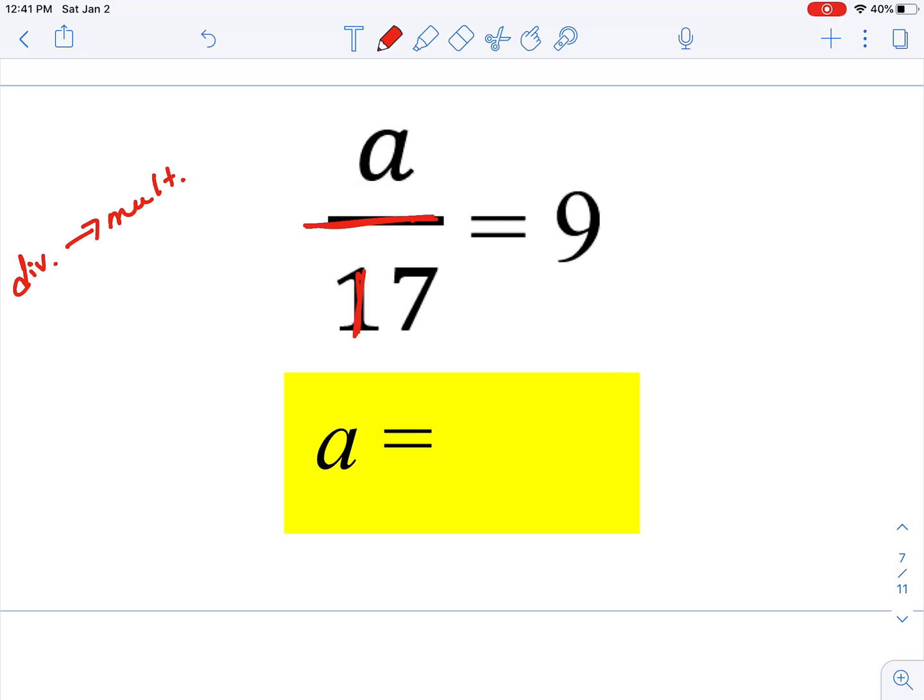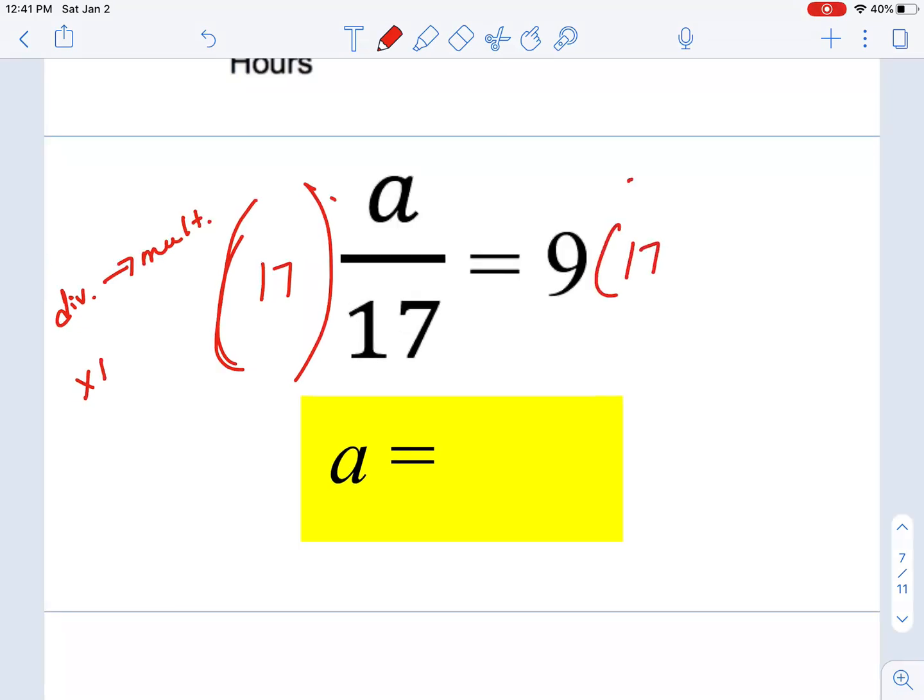So instead of dividing by 17, I'm going to do the opposite and multiply by 17. Now, this looks a little freaky this way, but here we go. I'm going to multiply this side by 17. Remember, side by side means to multiply. These 17s cancel out. That's where that A equals comes from.